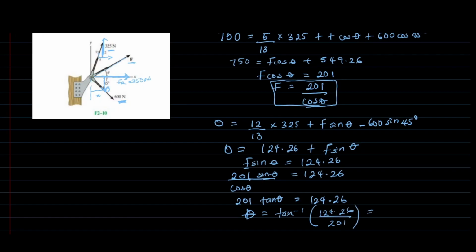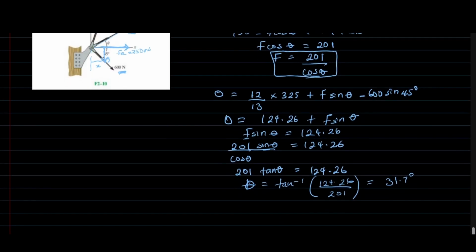So on your calculator, you're going to get 31.7 degrees. And to solve for F, we simply put theta back into the equation. 201 over cos 31.7 degrees is going to be equal to 236 newtons.